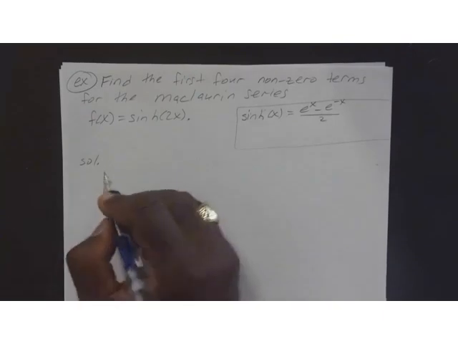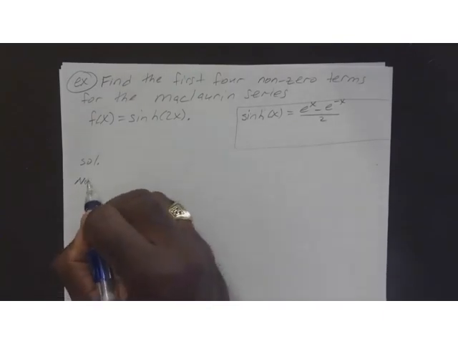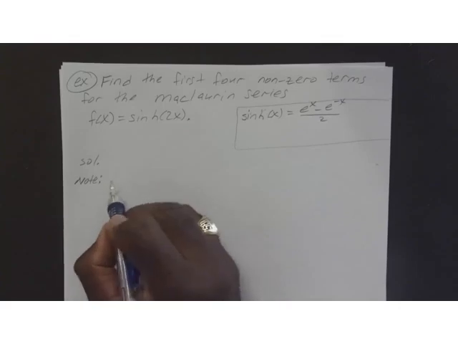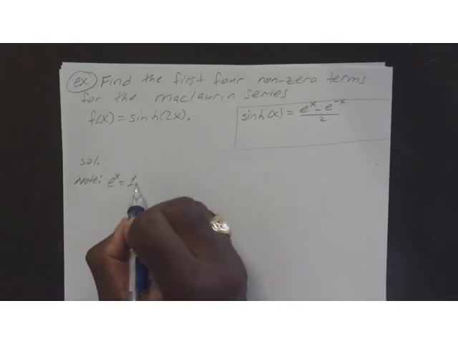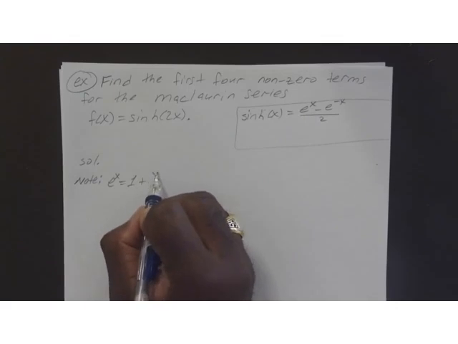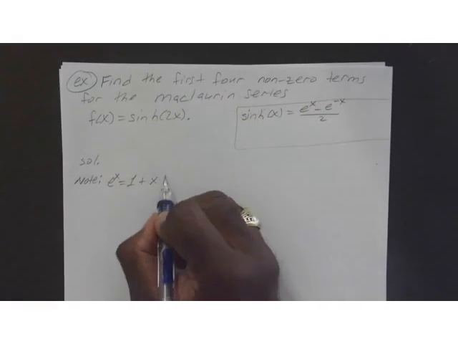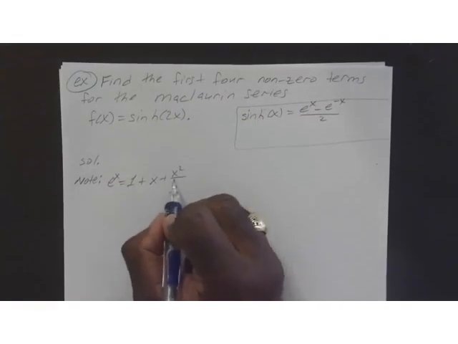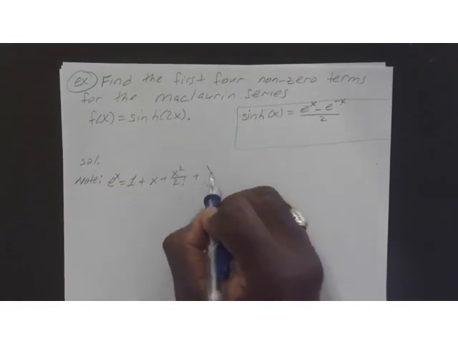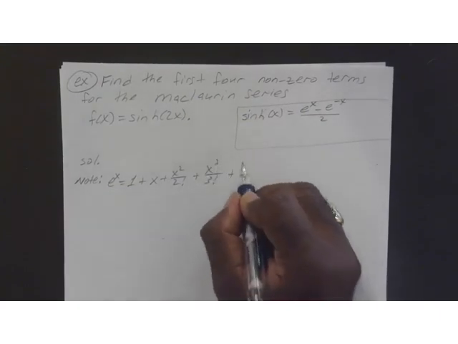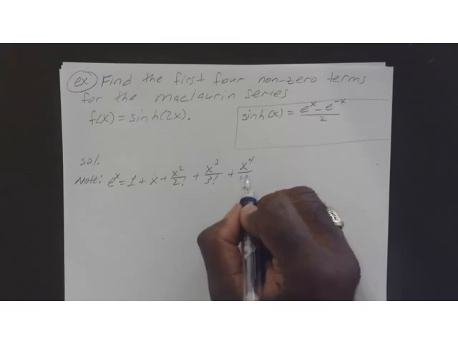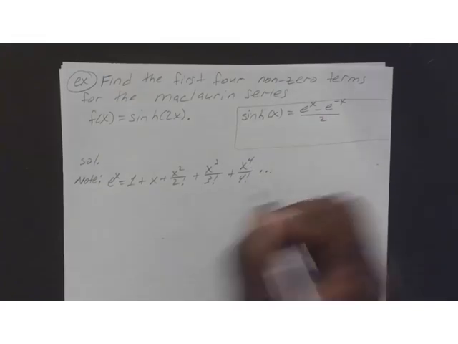So we already know that e to the power of x is equal to 1 plus x plus x squared over 2 factorial plus x to the third power over 3 factorial plus x to the fourth power over 4 factorial, and so forth and so on.